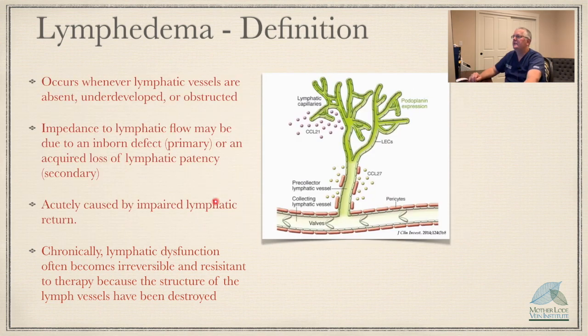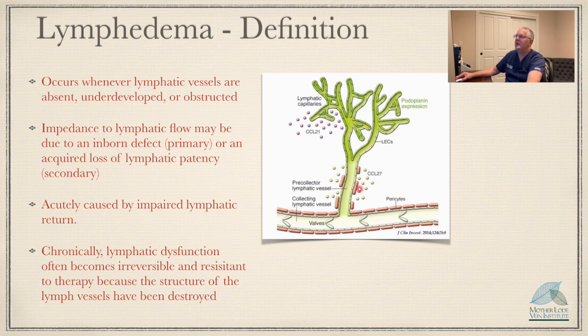This is a depiction of what the lymphatic capillaries look like within the tissues. Those lymphatic capillaries draw in lymphatic fluid, and then they empty through these lymphatic collecting vessels. All of these lymphatic vessels can be subject to inflammation and can become damaged.